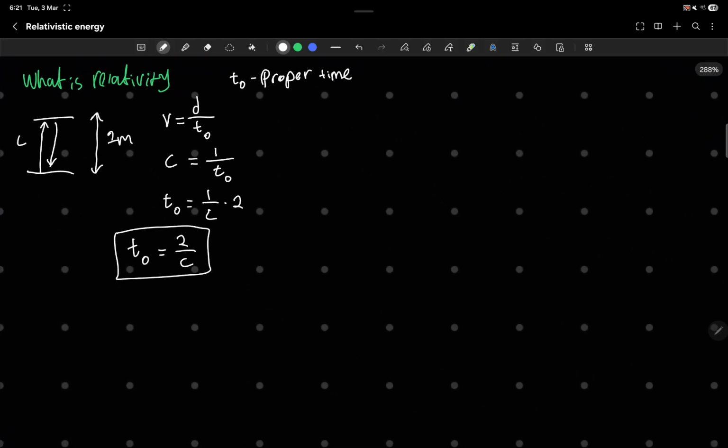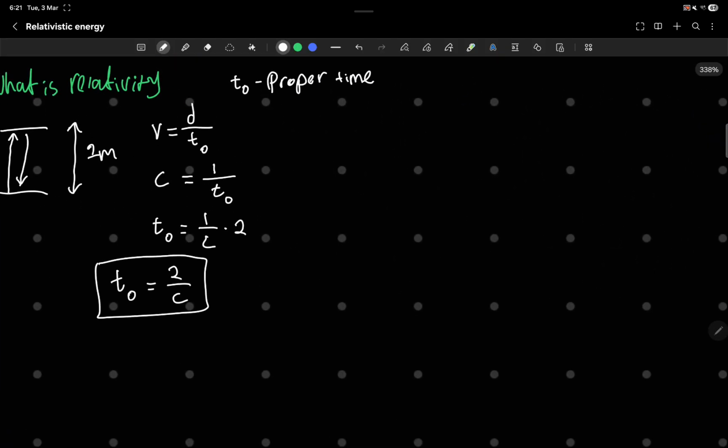Okay, now imagine that there's another stationary observer who witnesses the clock zooming past them. And this time, the clock is moving at a speed v. So the observer is still a reference frame because they're stationary, right?